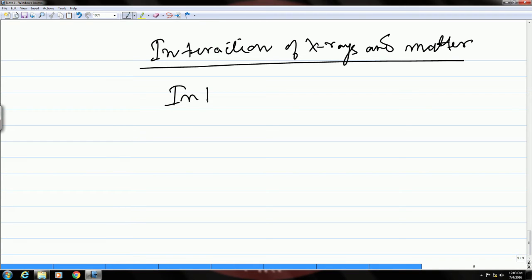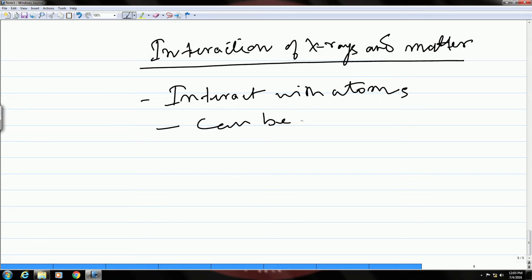So, when you say that X-rays interact with matter or a substance, it essentially means that the X-rays are interacting with the atoms when they are traveling through a substance. So, X-rays will interact with the atoms and they can be absorbed due to this interaction or scattered.